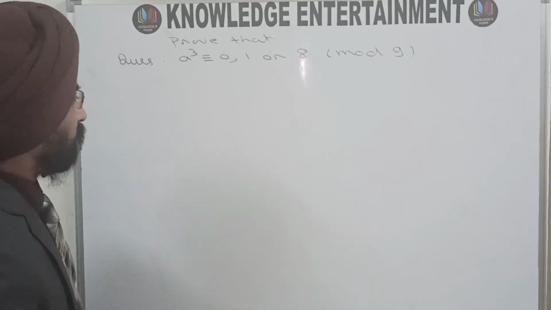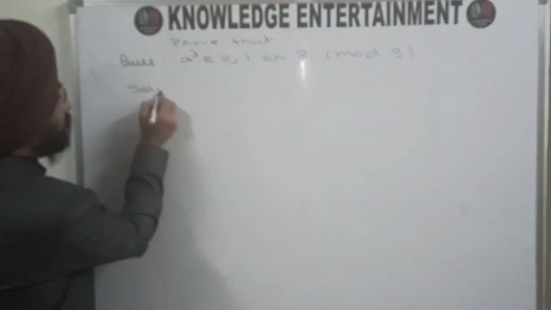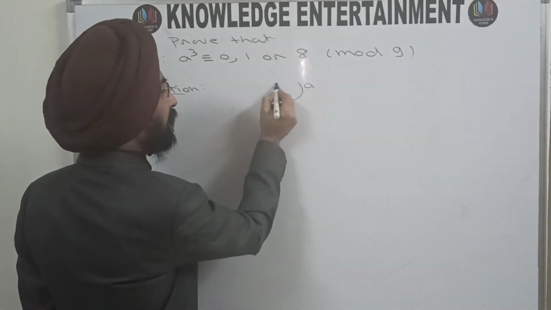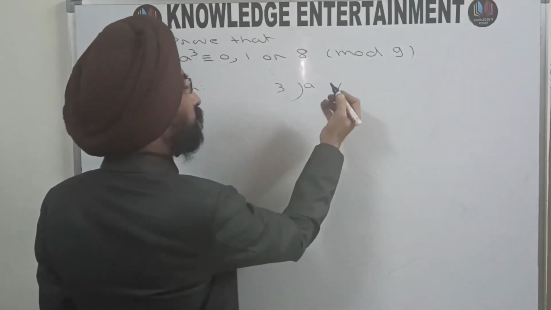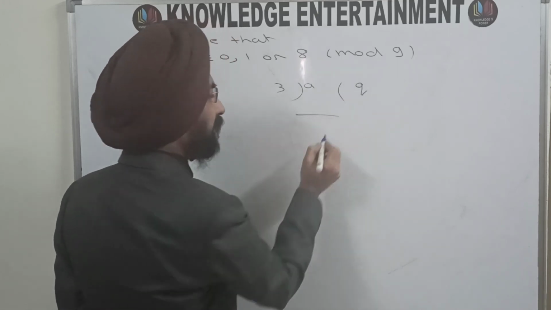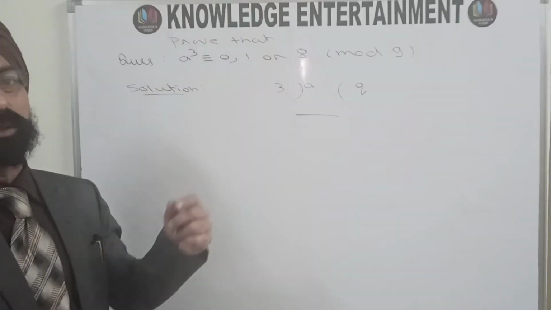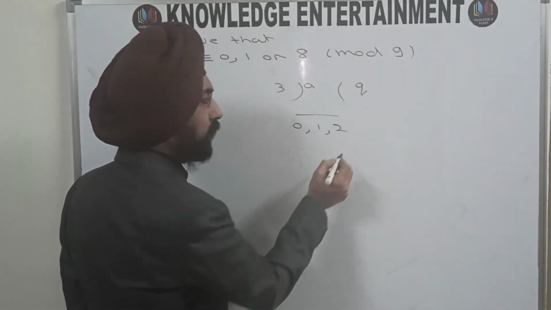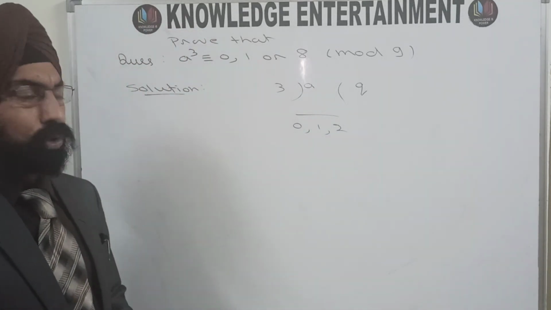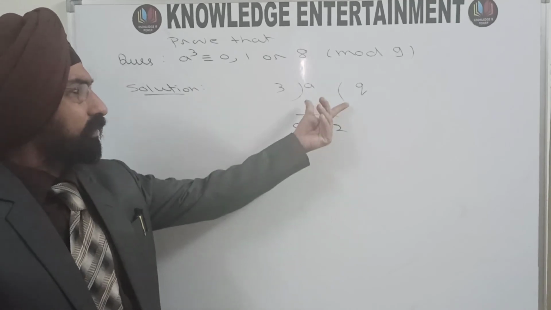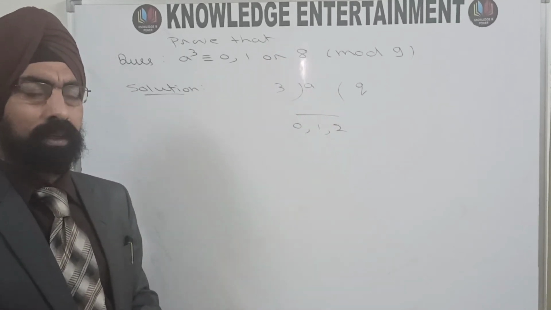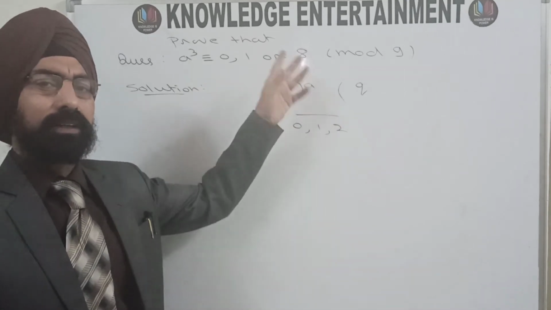Now look at whatever the number a is, whatever natural number a is, if you divide a by 3, there may be any quotient, but there are only 3 possibilities for the remainder. It can either be 0 or 1 or 2. There is no fourth possibility. You cannot have 3 here, because if 3 is the remainder, more division is possible. You will get remainder 0. If you are having 5 here, more division is possible.